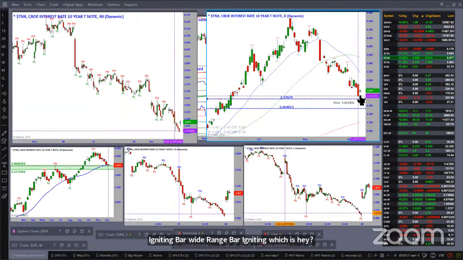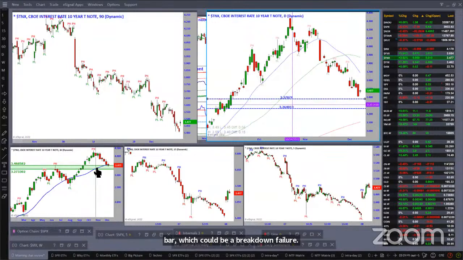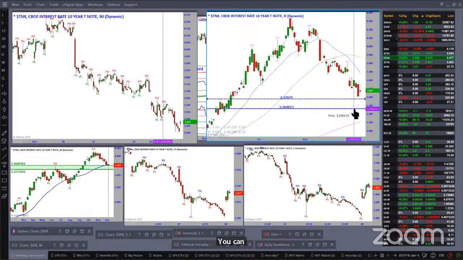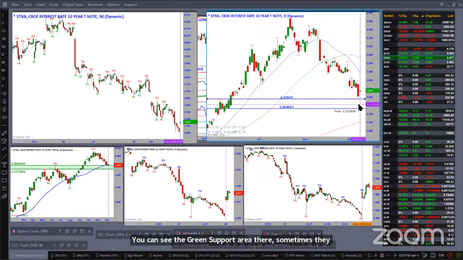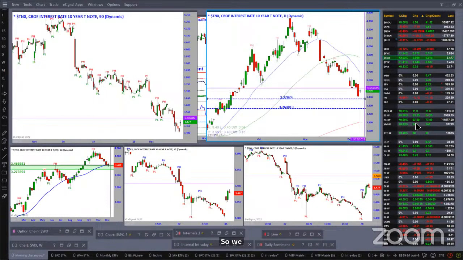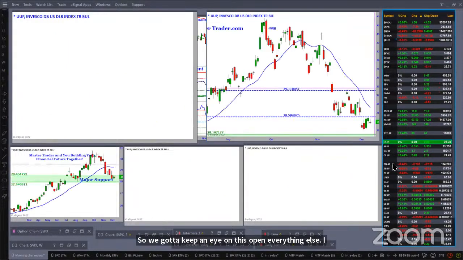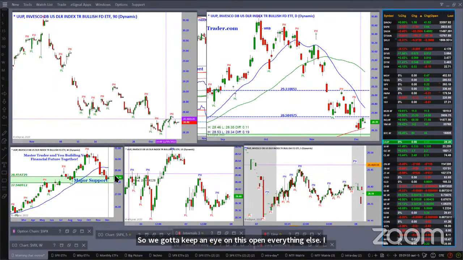And now we've got a wide range bar, which could be a breakdown failure. You can see the green support area there. Sometimes they don't get all the way down there. So we got to keep an eye on this, like with everything else. And you can see some green here. Let's see what the dollar's doing here. And it's in support.